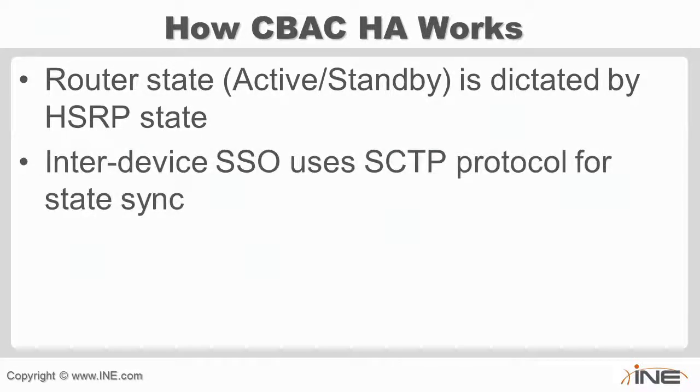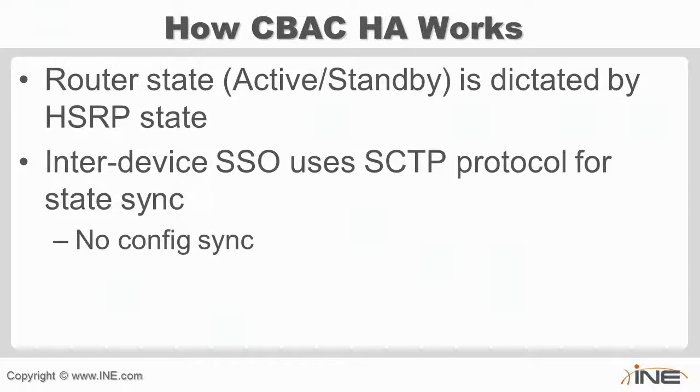Then there is also a stateful switchover that uses a new protocol, which is SCTP, not to be confused with STCP. This is what is doing our state synchronization. Again, the important point is that it's not doing synchronization of the config. It's only doing synchronization of the state of the firewall. So when we look at show ip inspect sessions, that session table is what is being transferred over the SCTP protocol.